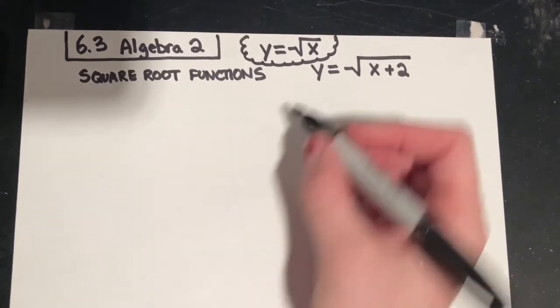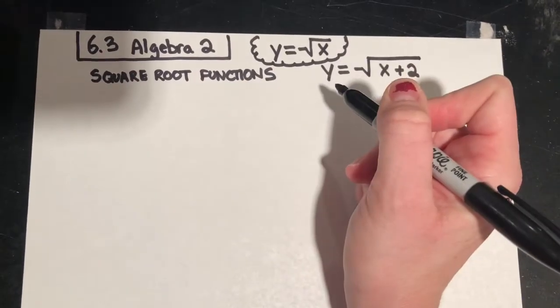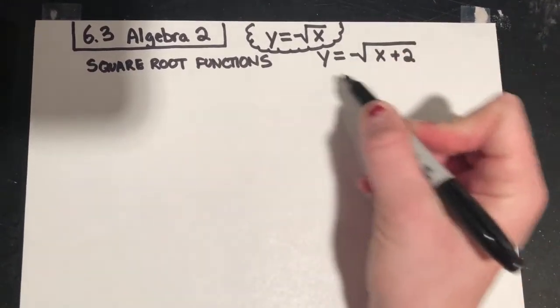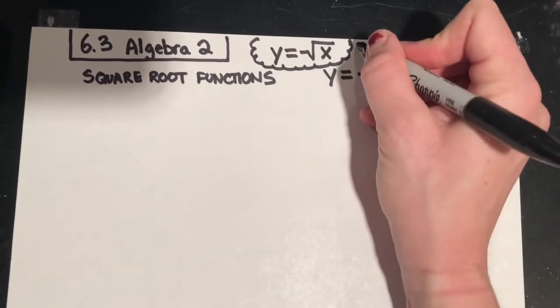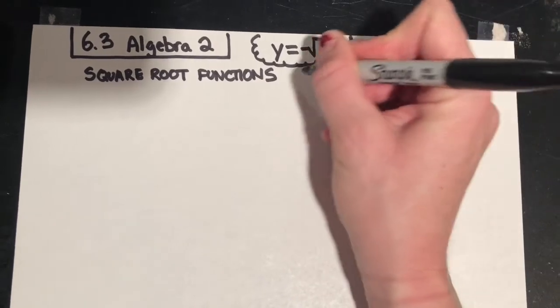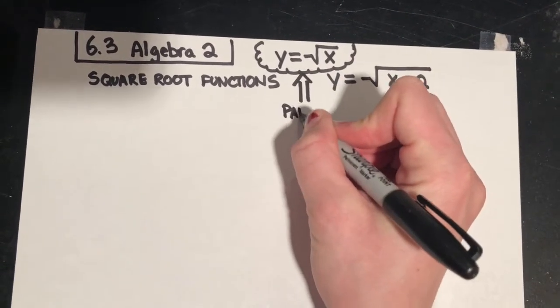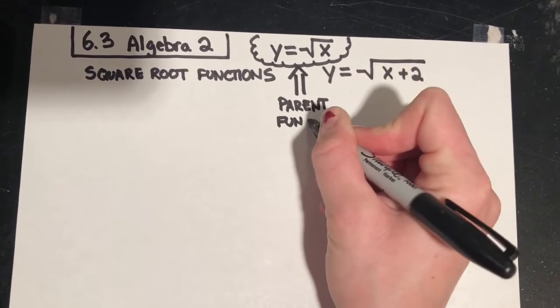Every other function that we have kind of stems from this function. And we are trying to figure out how do these functions that I'm giving you change from our parent function. So I'm going to label this our parent function.